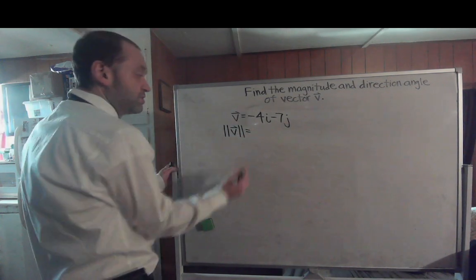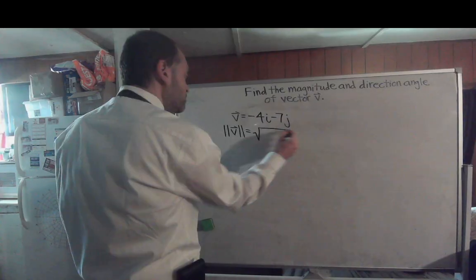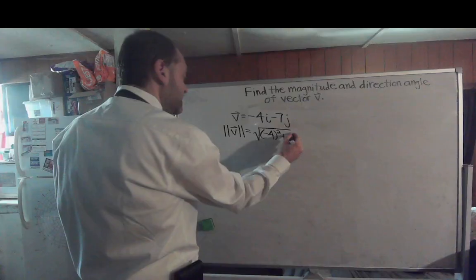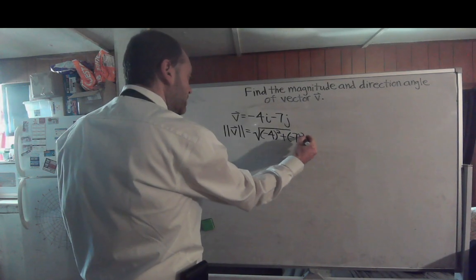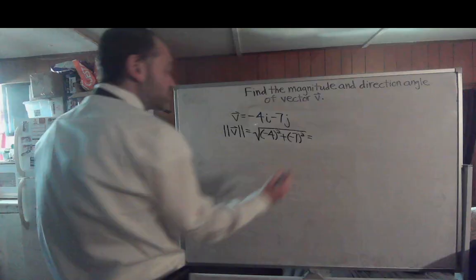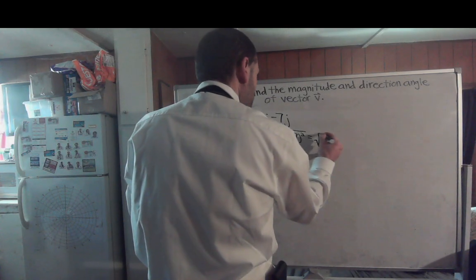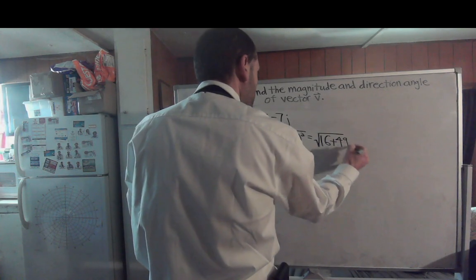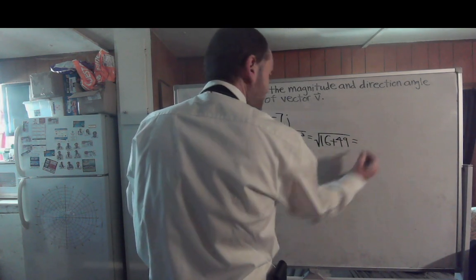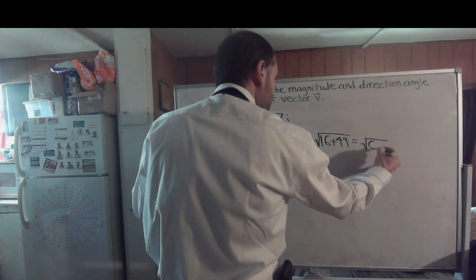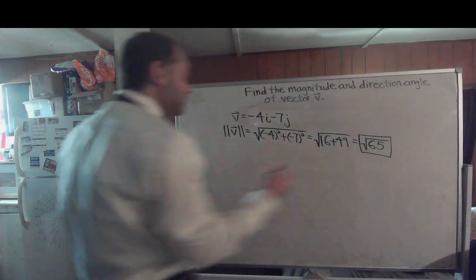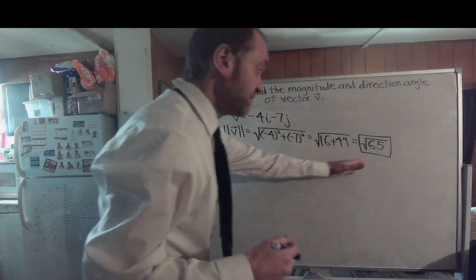Take the magnitude of v, so that's going to be the square root of -4 squared plus -7 squared, which is going to give you the square root of 16 plus 49, which would give you a magnitude of the square root of 65. So the magnitude of this particular vector is the square root of 65.